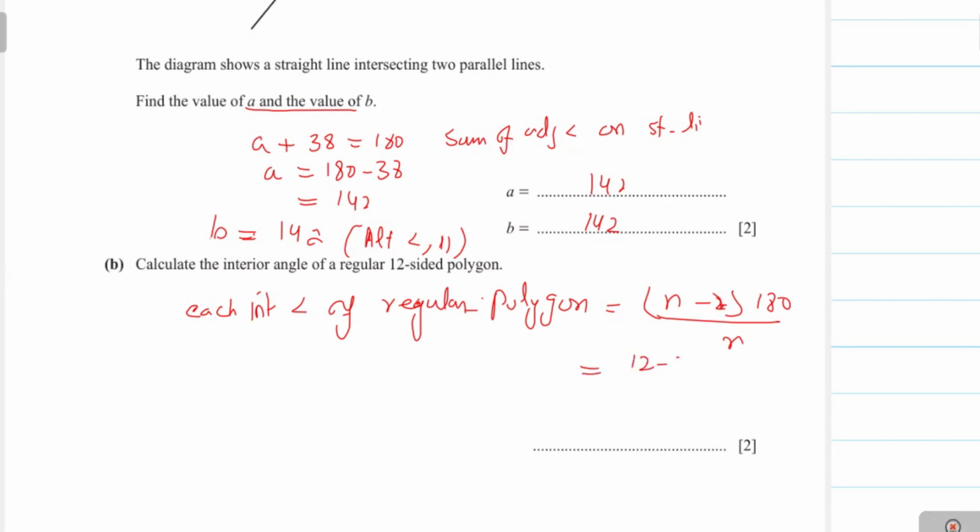Therefore, 12 minus 2 multiplied by 180, over 12. Therefore, we can write 10 multiplied by 180, which is 1800 over 12, and this will be equal to 150. And this is the answer.